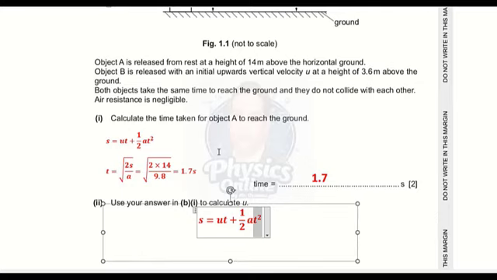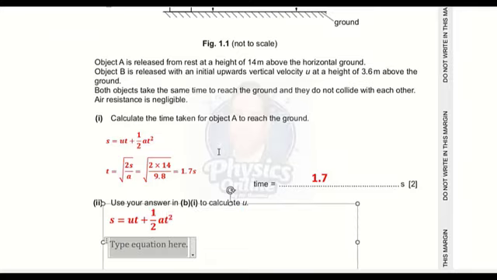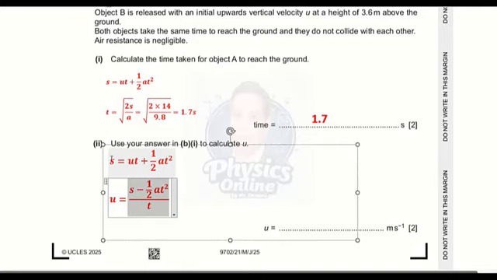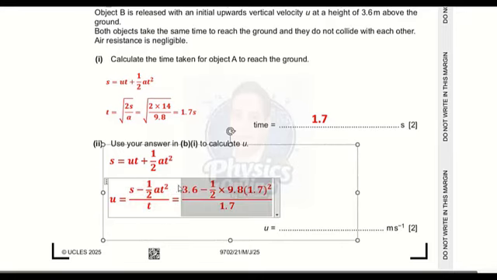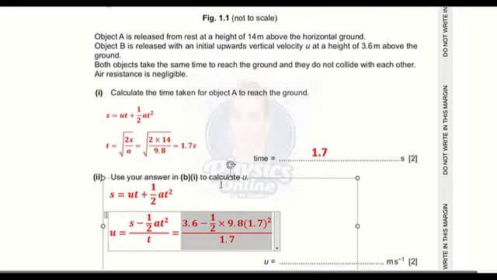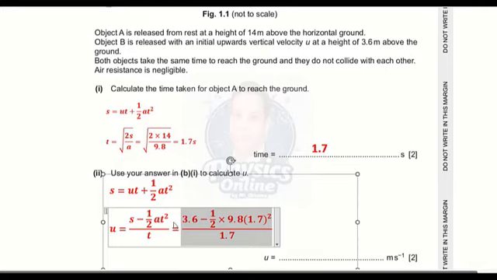So u equals, we send the half at squared to the other side and divide by t: s minus half at squared, divided by t. We substitute s equals 3.6, the displacement, minus half times 9.81 times 1.7 squared, divided by 1.7.